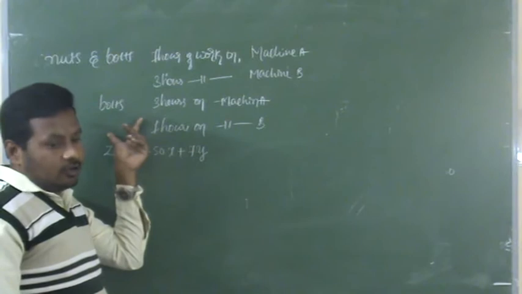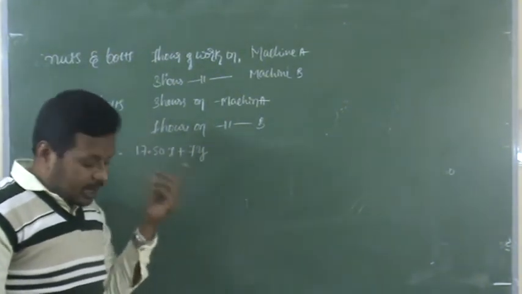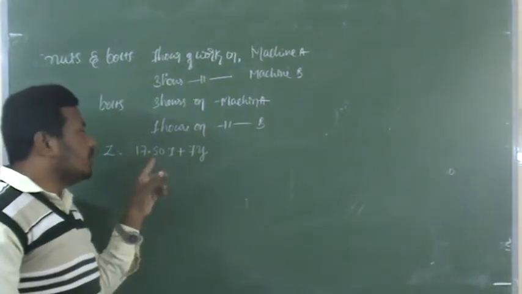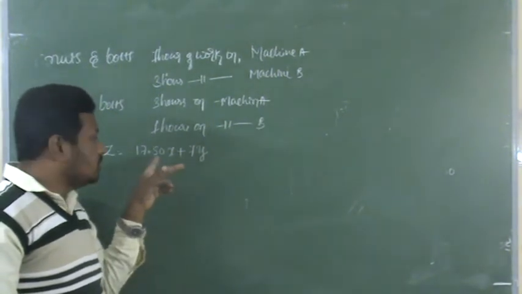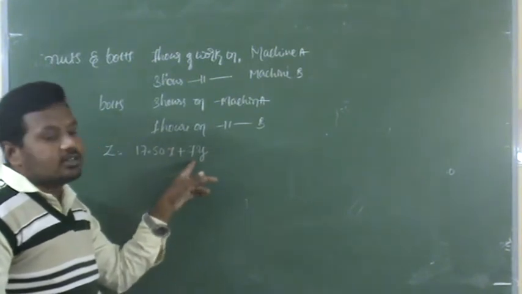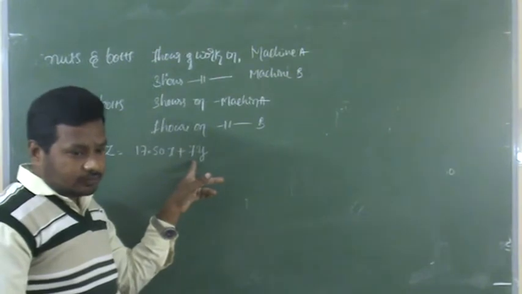The profit on a package of nuts is 17.50, and on a package of bolts is 7 rupees.